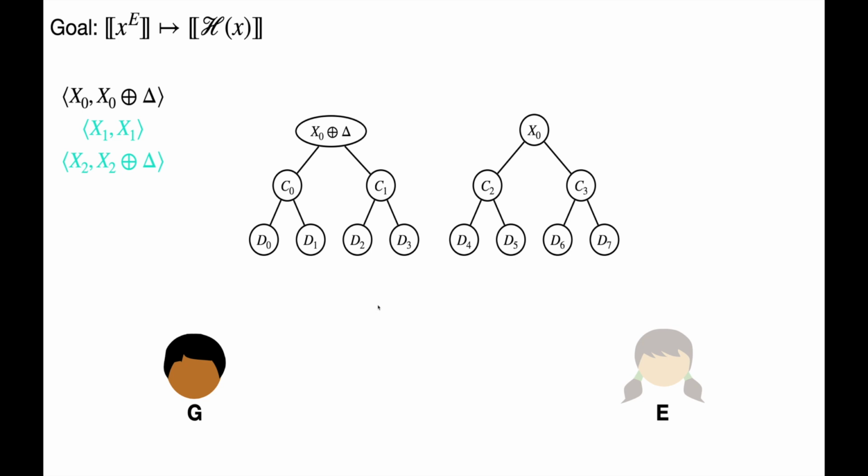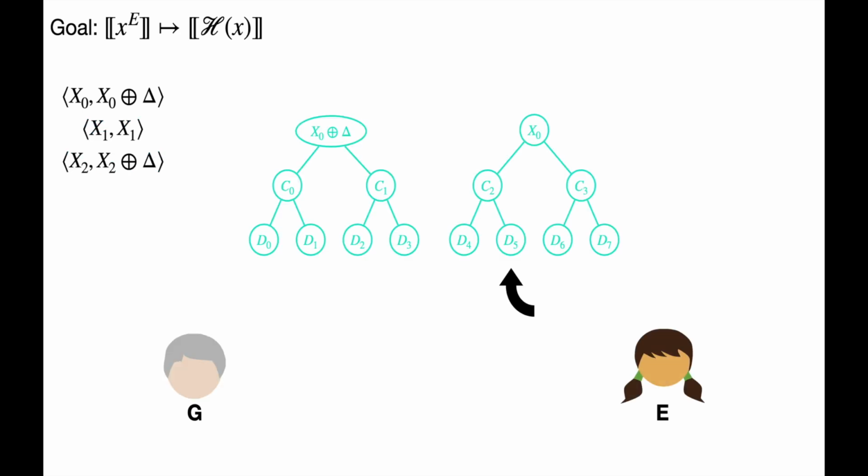He labels each node in the tree with a security parameter length string. As a special case, the two root nodes are precisely the strings x0 plus delta and x0. All other labels are chosen by applying a pseudorandom generator to the respective parent. For example, C2 and C3 are chosen by applying a PRG to x0.